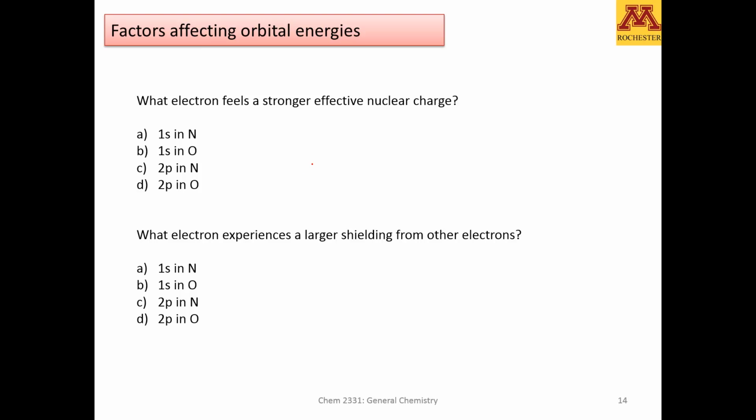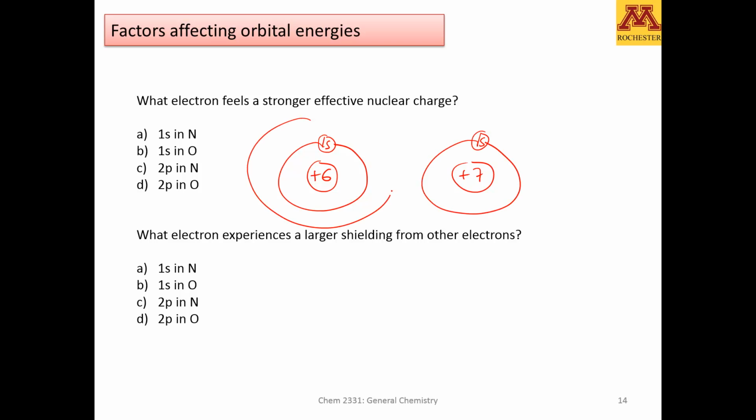You may want to just picture what this looks like, very simplified. Here's your 1s, and here's the 2p. It's asking which one will feel a stronger effective nuclear charge.